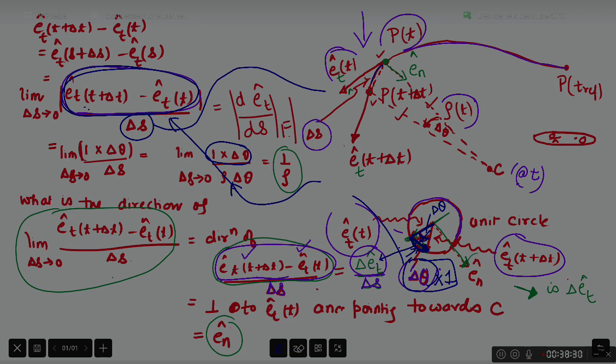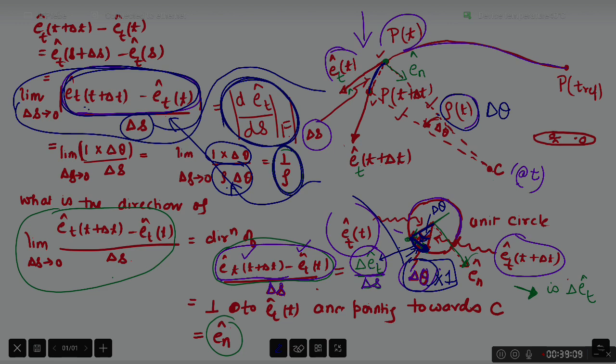This is delta S. Isn't this delta S equal to rho times delta theta? That's what I am writing here. So my overall conclusion is that this whole thing in the limit of delta S going to 0 becomes delta theta by rho delta theta, which is 1 by rho itself. Thus, the magnitude of this vector in the limit must be 1 by rho. That's all. That's the conclusion I have.